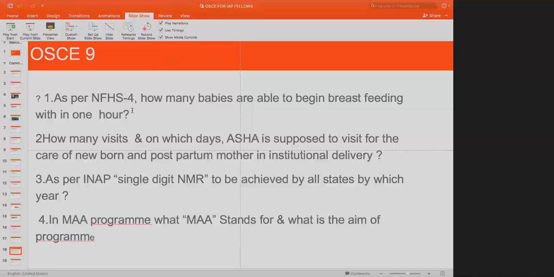Second one is, how many visits and on which days is the ASHA supposed to visit for the care of the newborn and postpartum mother in institutional delivery?